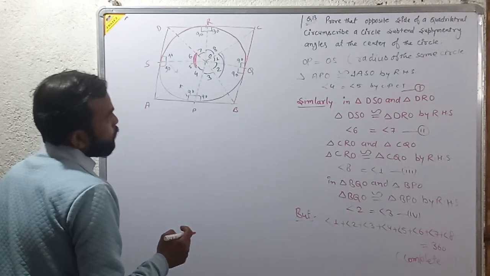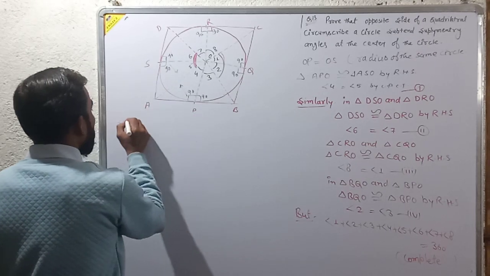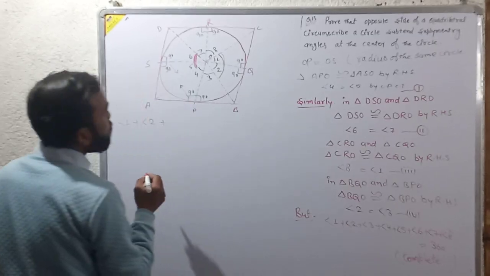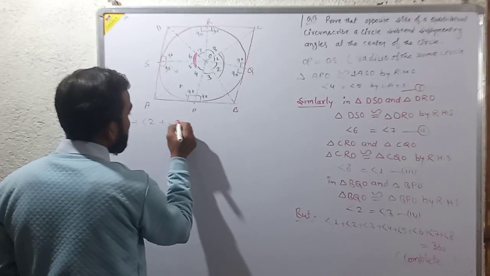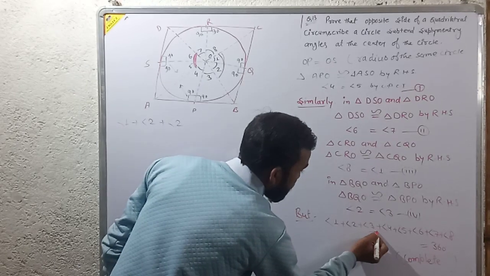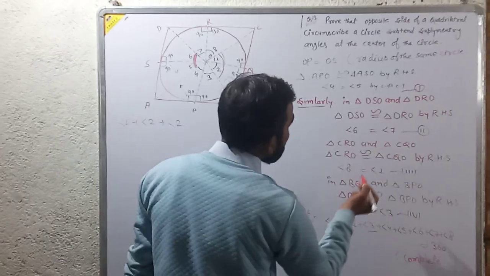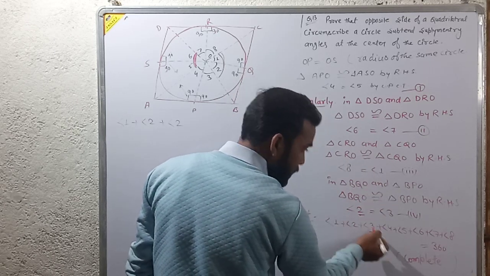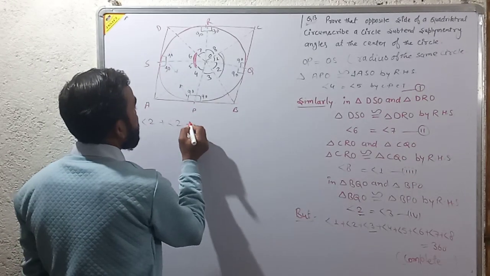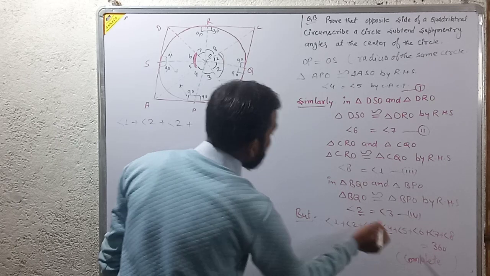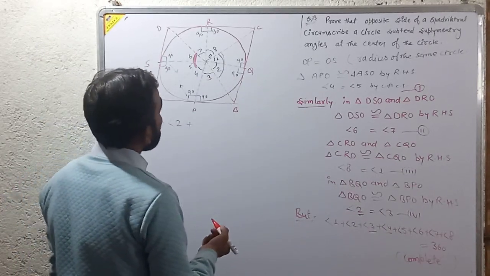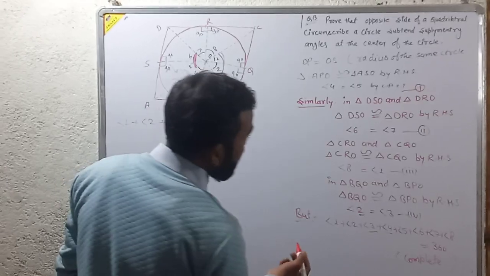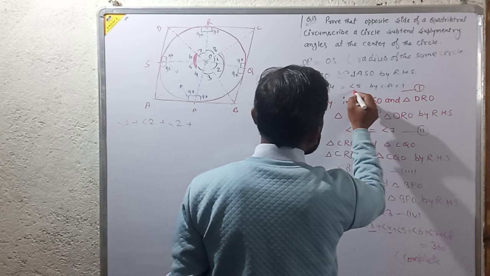So angle 1 plus angle 2 plus angle 3, where angle 3 is equal to angle 2, so we put angle 2 in place of 3, plus angle 4, where angle 4 is equal to angle 5.